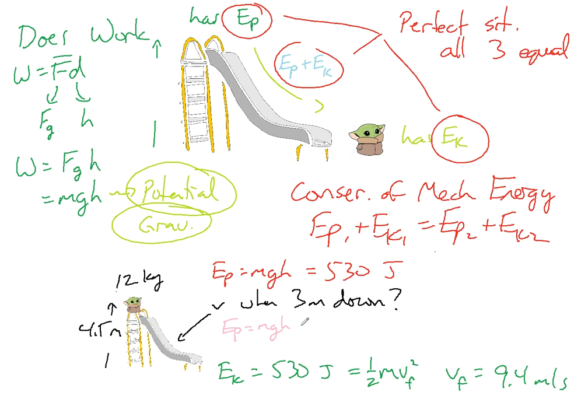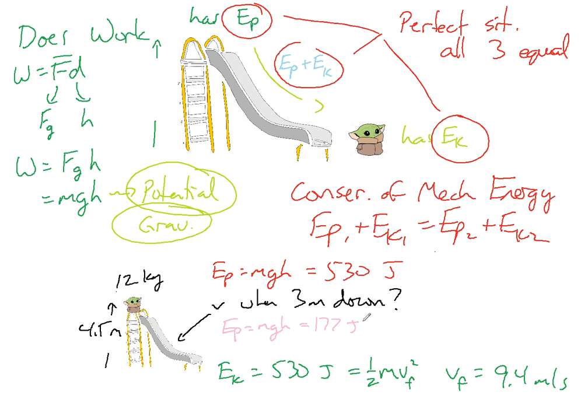If he's gone down 3 meters, then his height would be 1.5, because he'd still be 1.5 meters off the ground. So if I do the mgh and I use a height of 1.5 meters, I can see that his potential energy would then be around 177 joules. Now I know his total energy has to be 530 no matter what. Top, bottom, it doesn't make a difference.